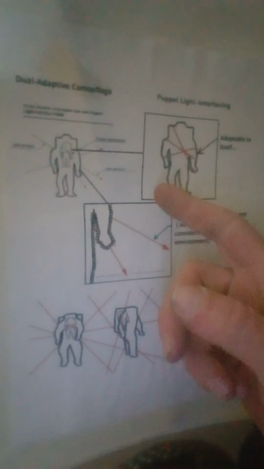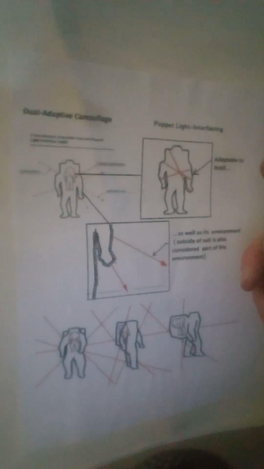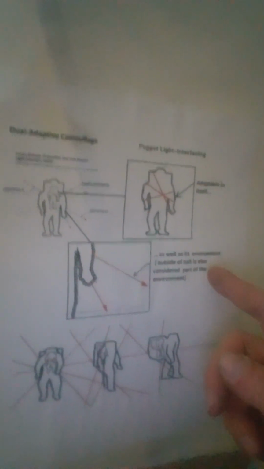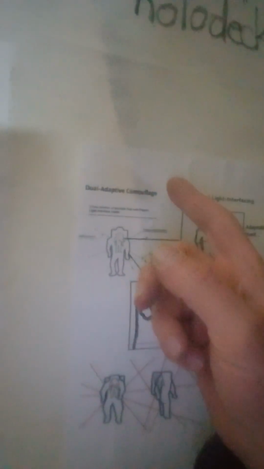And there has to be a puppet interface employed. A puppet interface. And it's adaptable to itself as well as its outside environment. And the suit is also considered the outside part of the environment. And that's the reason I call it dual adaptive instead of just adaptive camouflage.